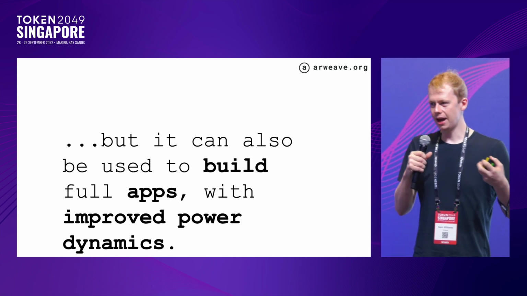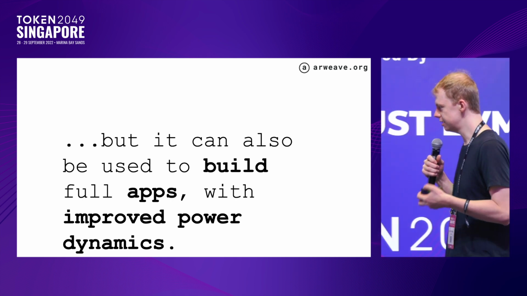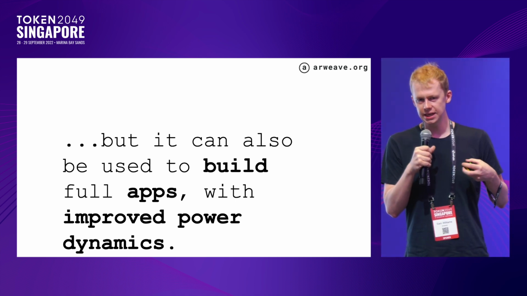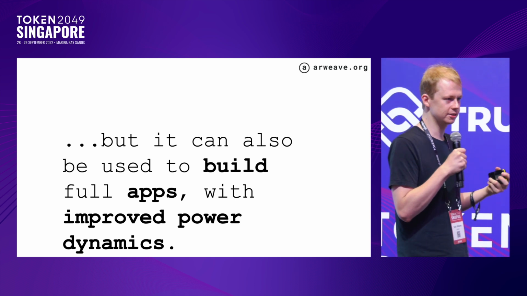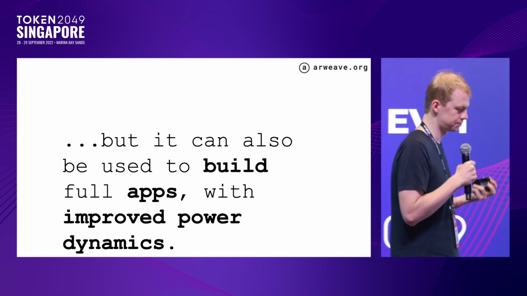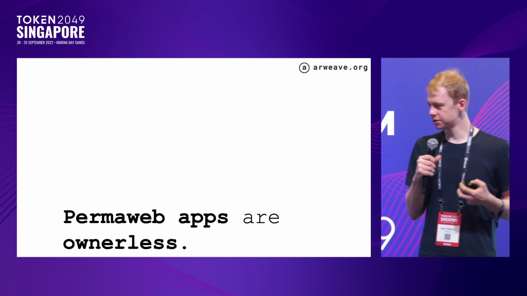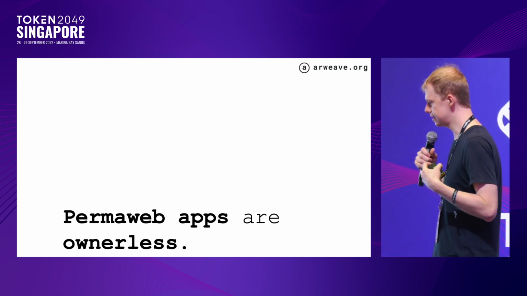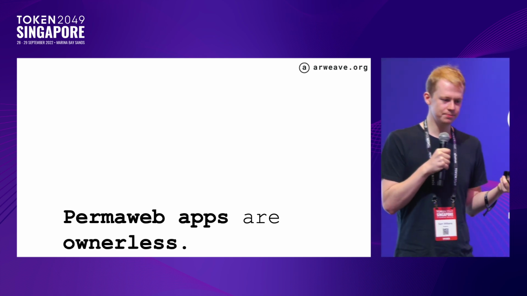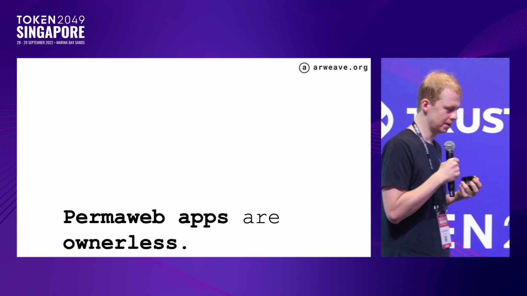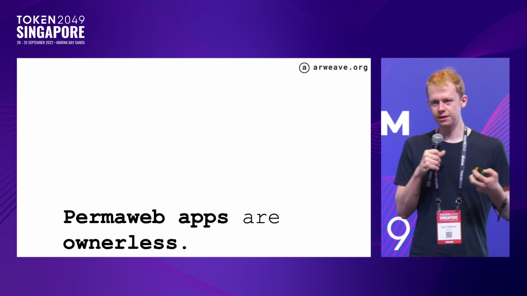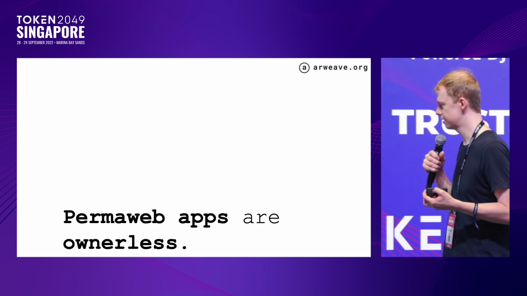Like, it's how do you achieve a task? And it turns out, once you build applications on top of this system, the permanence of the data gives them fundamentally different power dynamics. So these applications are ownerless, fundamentally. Once the developer has published them, they cannot unpublish them. And that seems like a kind of trivial thing at the beginning, but then when you look into the effects that it has, it's actually pretty profound.